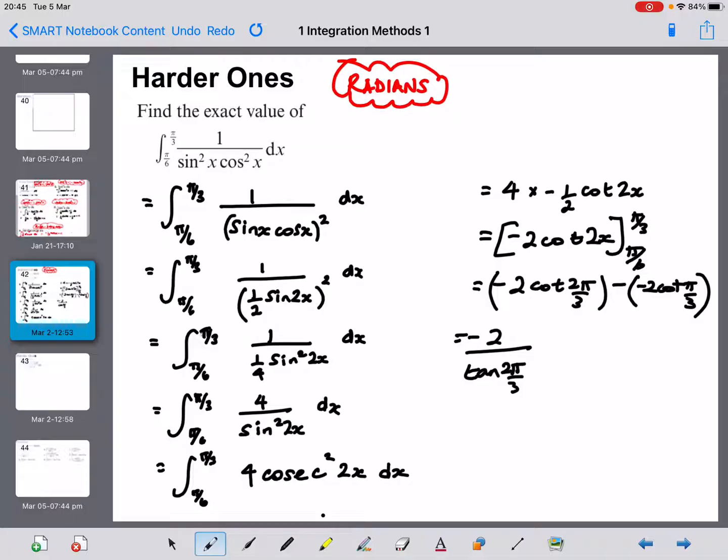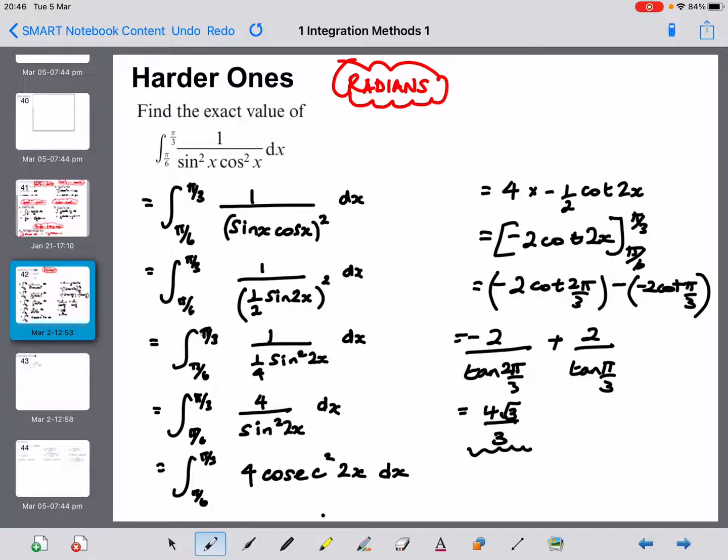And then we've got minus minus, so plus 2 over tan pi on 3. Okay, and then if you put that in your calculator, it should come out as 4 root 3 over 3. So that's the final answer there.